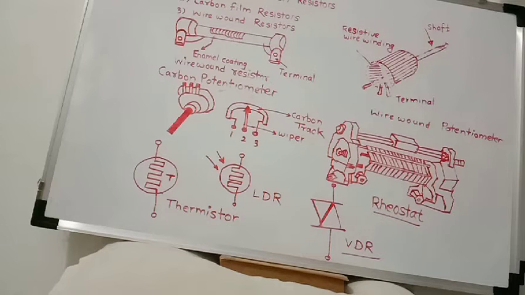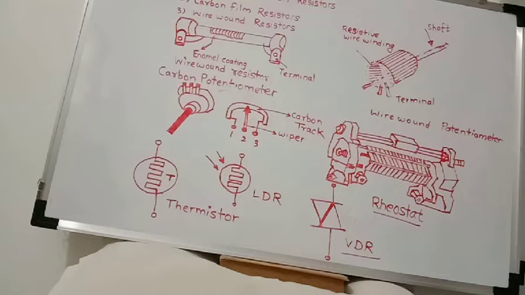So there are two types of resistors, fixed resistors and variable resistors. Today we will study different types of fixed resistors. The first type is carbon composition type resistors.